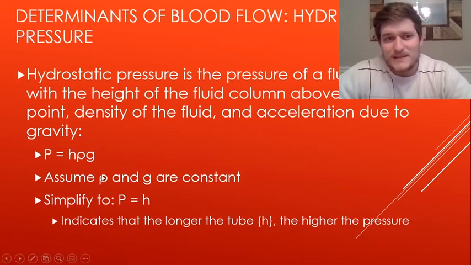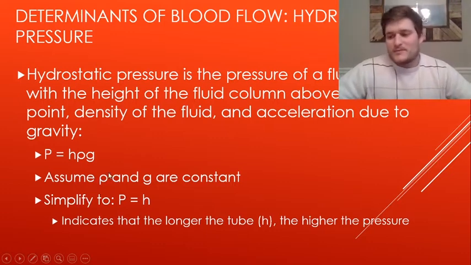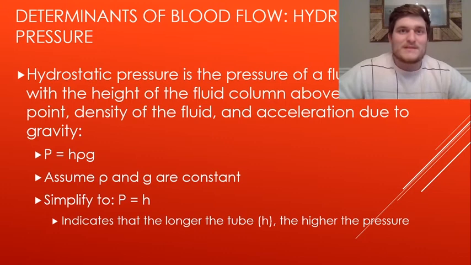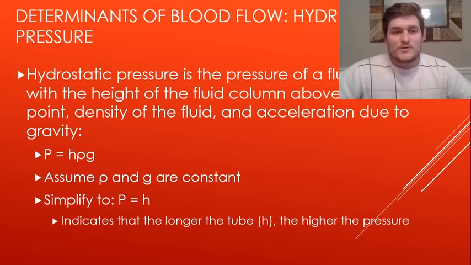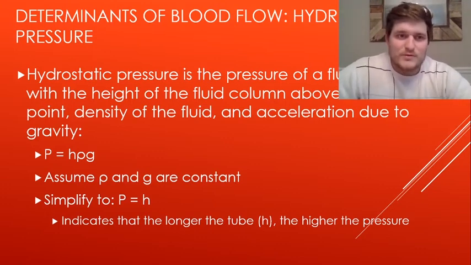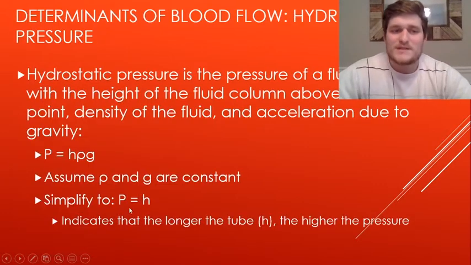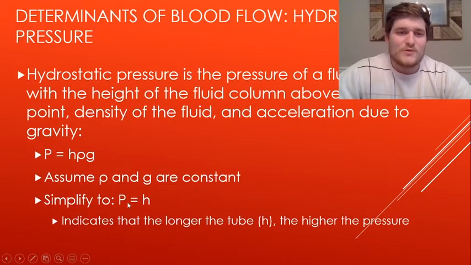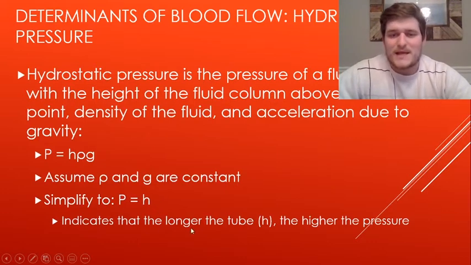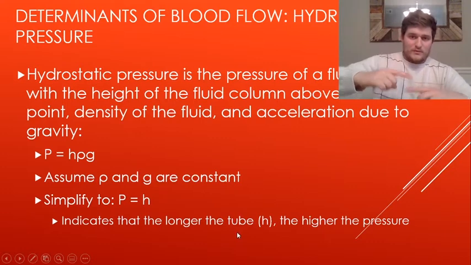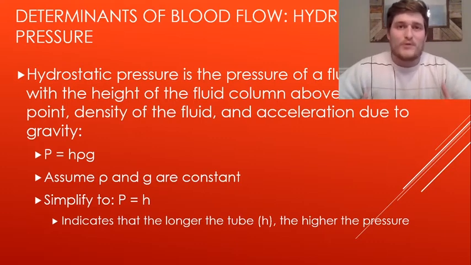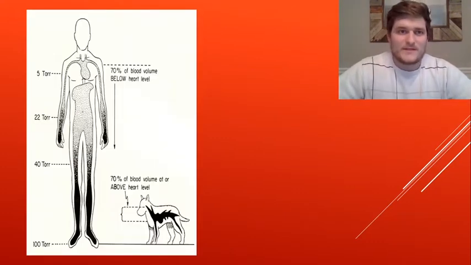Now, viscosity or density of the fluid can change, but for the most part, second to second, minute to minute, this isn't going to differ too much. So a lot of times you can simplify this equation to say hydrostatic pressure is proportional to the height of the column. That indicates that the longer the tube or the greater the height, the higher the pressure. So let's talk about that in this figure here.